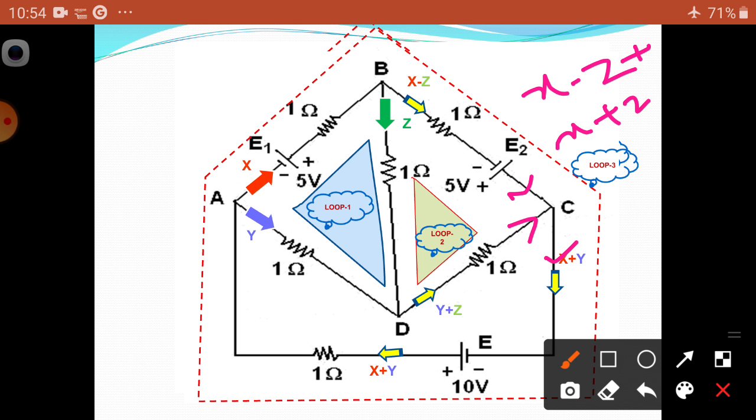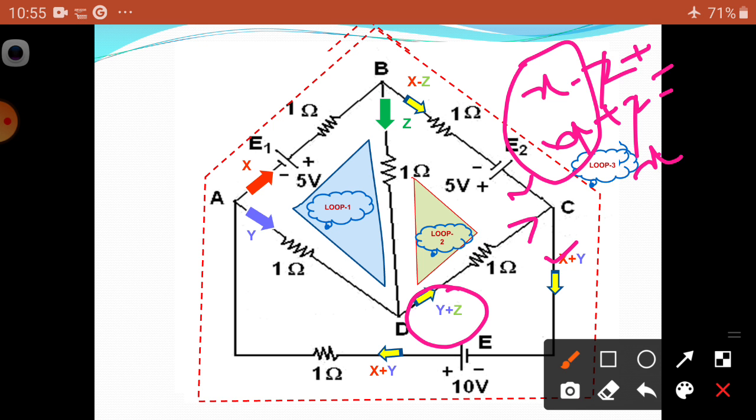Now the leaving current: the sum of the entering current is equal to the leaving current. Sorry, something is wrong here, it is Y plus Z here. This cancels Y plus Z. Now plus Z minus Z cancels. We are going to get X plus Y as the current.